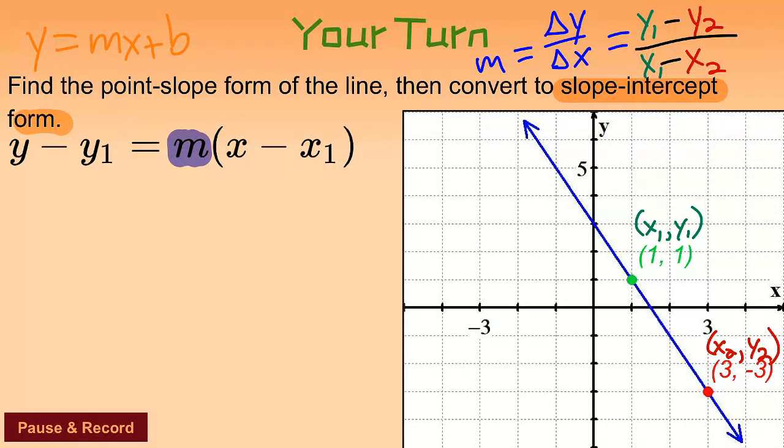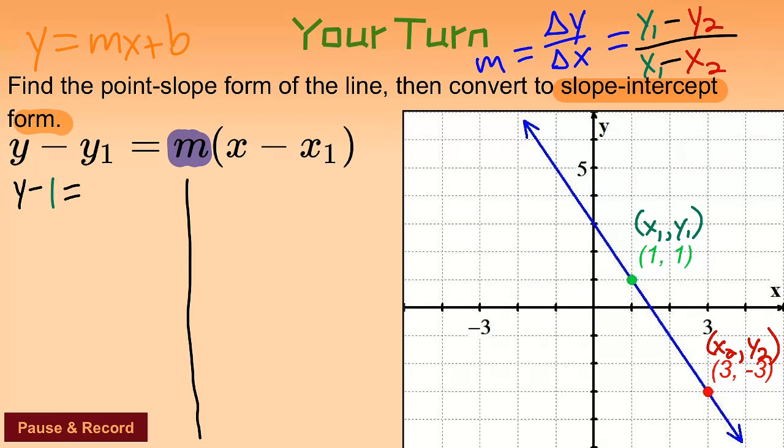All right, so I'm going to try to give myself enough room here to do it using both points. So y minus y1, I'm going to do the green one first. So the y1 is 1, is equal to, and I need to figure out my slope here.